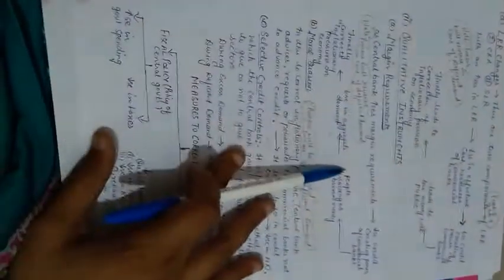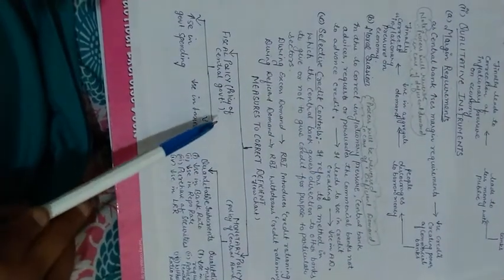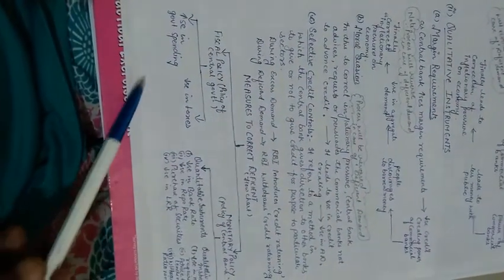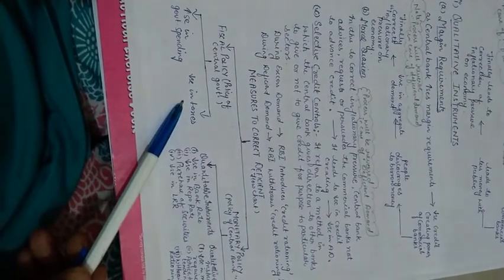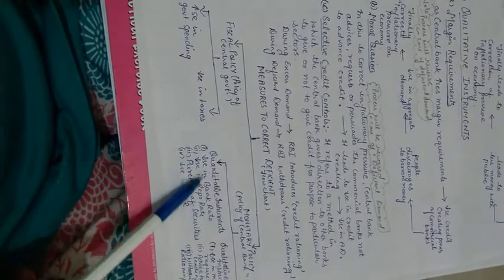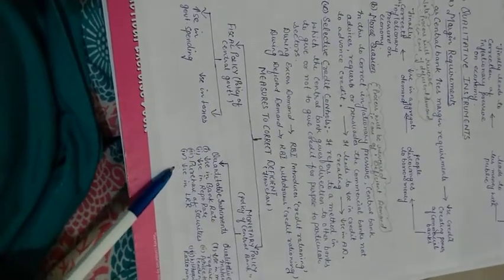And this is a flow chart now, on how to correct the deficit situations. So these are: increase in spending, decrease in taxes, decrease in bank rate, decrease in repo rate, purchase of securities, decrease in LRR.